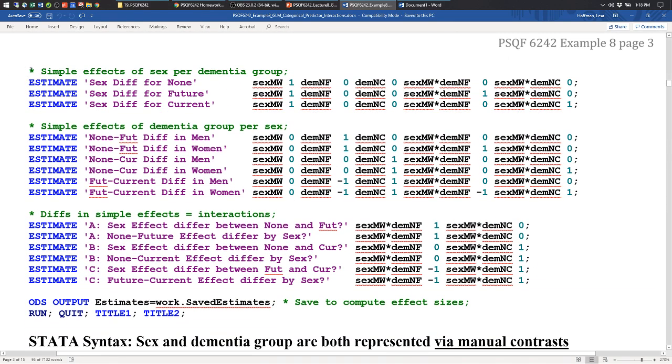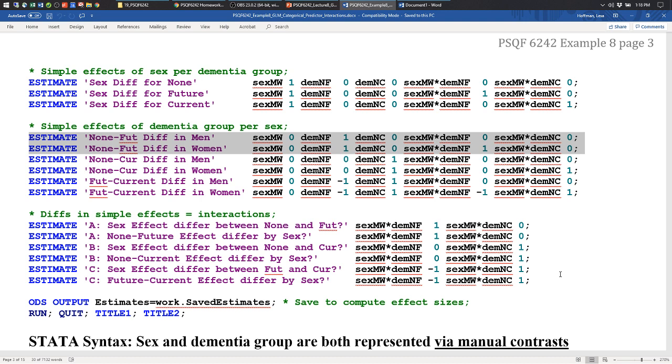Then we get into simple effects. So there are 3 possible types of gender differences implied by the model among the non-dementia group, the future dementia group, and the current group. Likewise, there are 6 possible simple effects of dementia.